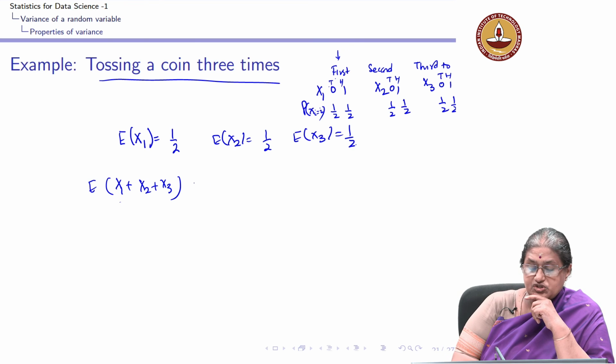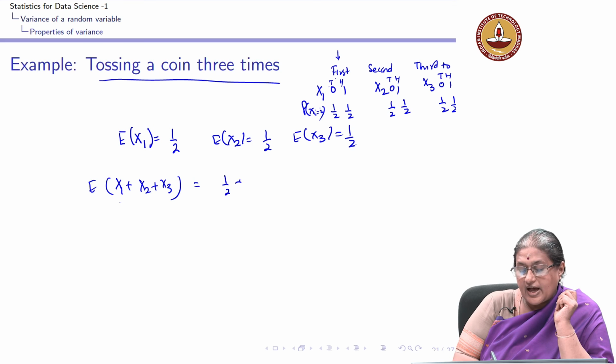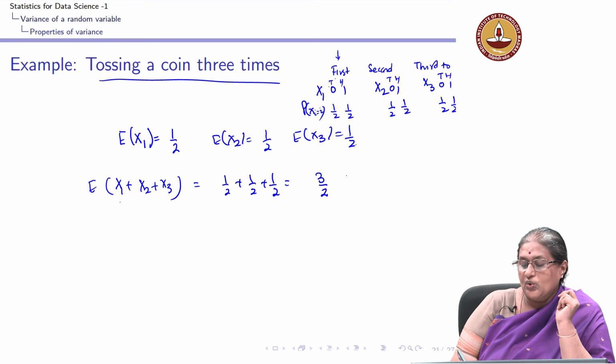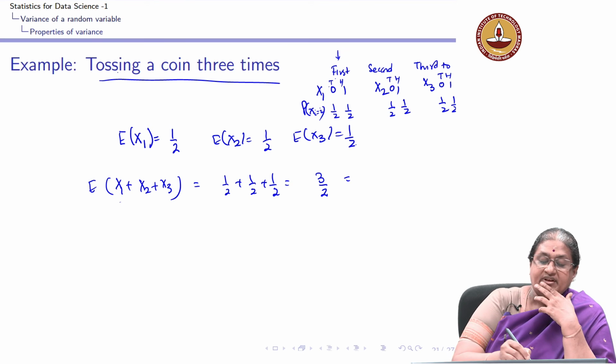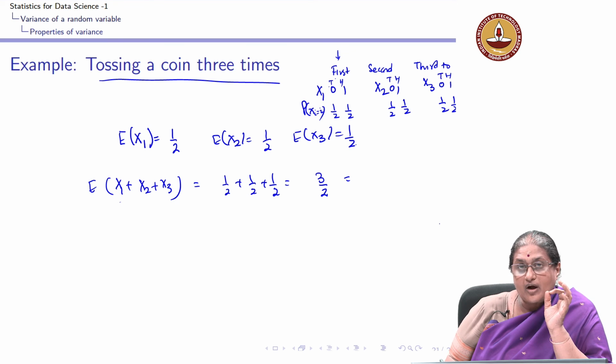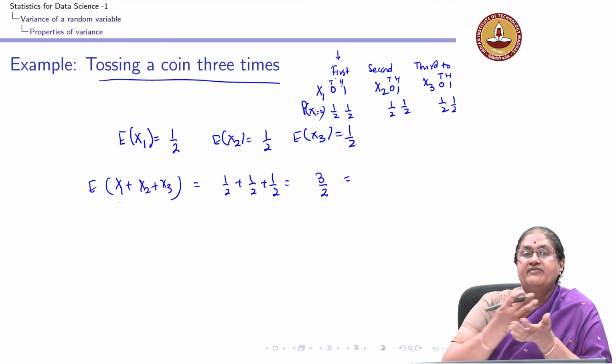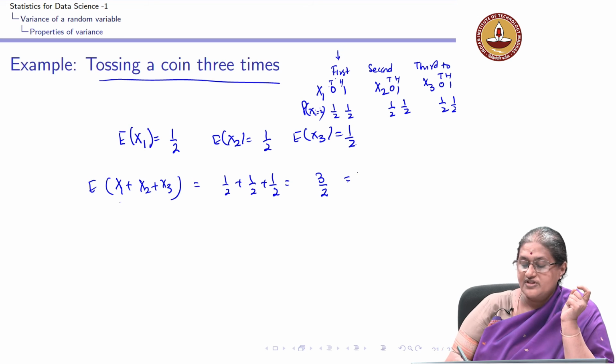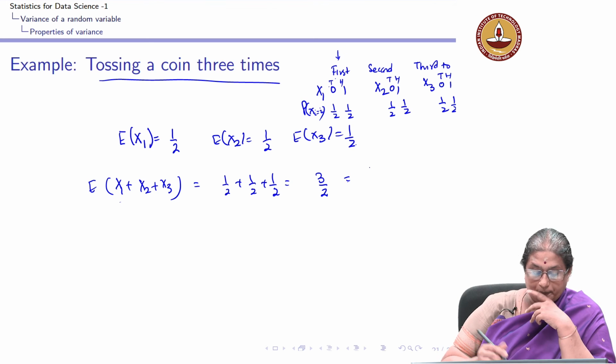The expectation of x1 plus x2 plus x3 is half plus half plus half, which is 3 by 2, and this is precisely the expectation of a random variable where I am counting the number of heads. We have checked this also, which is going to be 3 by 2.